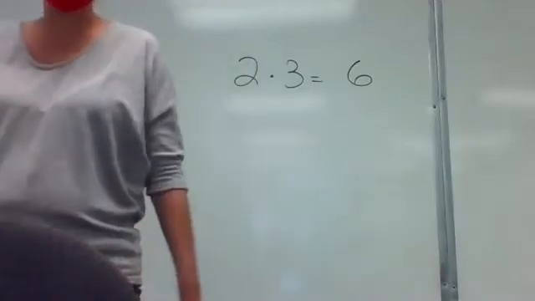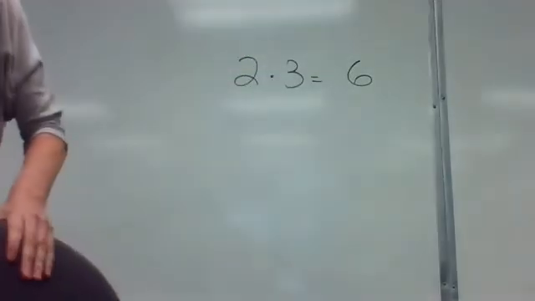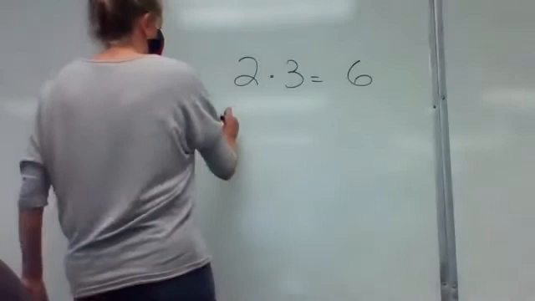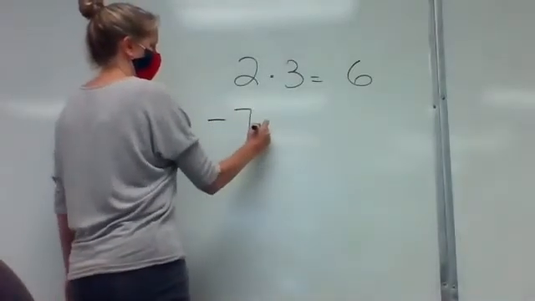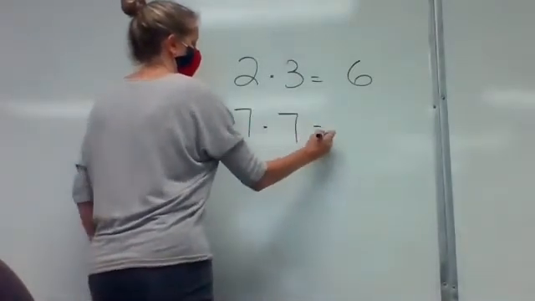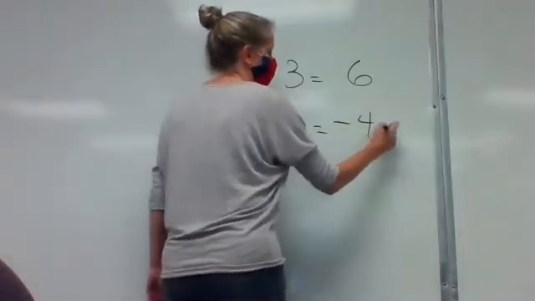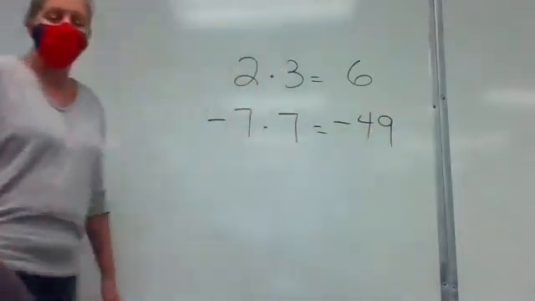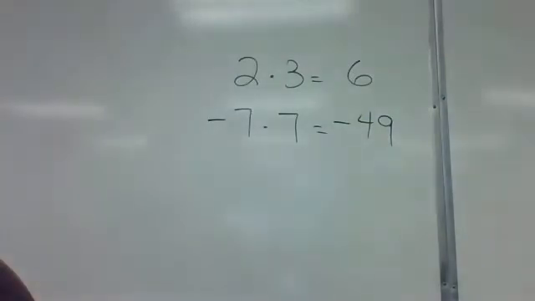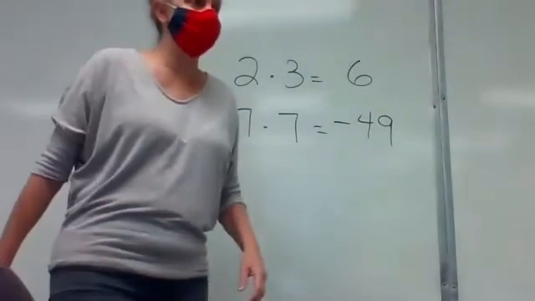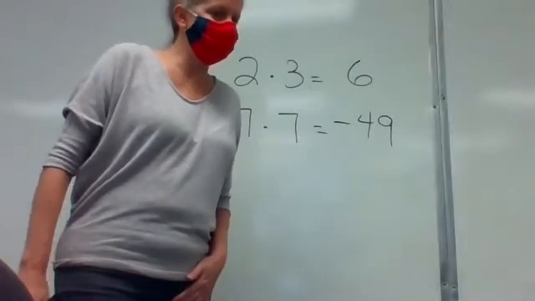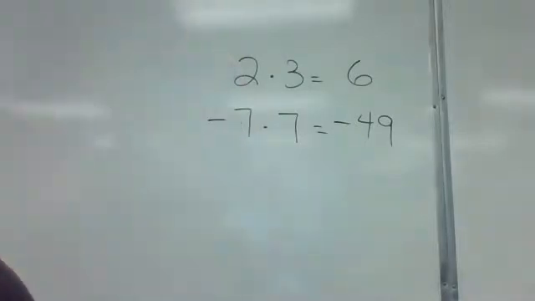Everything is the same about that since you learned how to multiply in elementary school. Same sign rules. Negative 7 times positive 7, a negative times a positive would give me negative 49, right?